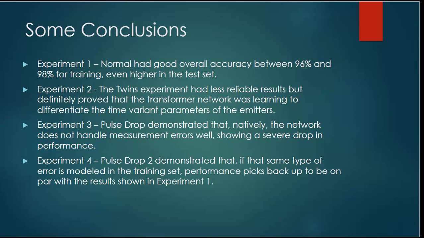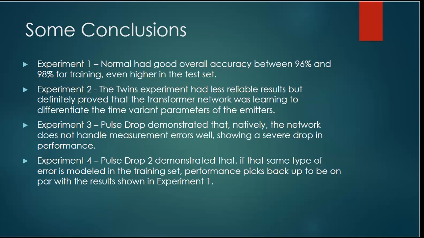The pulse drop experiment, experiment 3, was the one I was most surprised by. The fact that there was such a severe drop in performance when seeing the test results versus training, because there was such a huge difference.